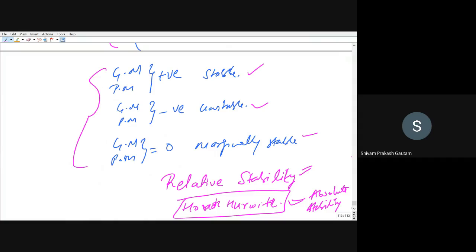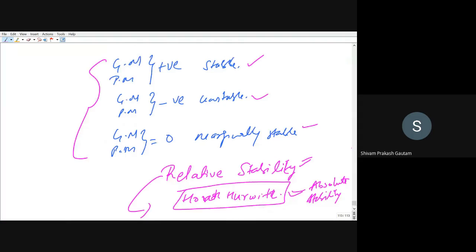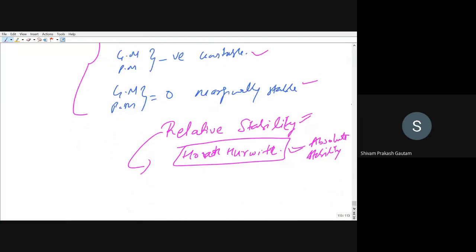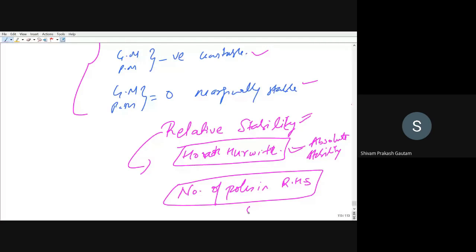So there is a method in the frequency domain as well, where you can find out the number of poles in the right hand side, and based on that, we can say whether the system is stable or unstable. That means there is also an absolute process for determining stability in the frequency domain.